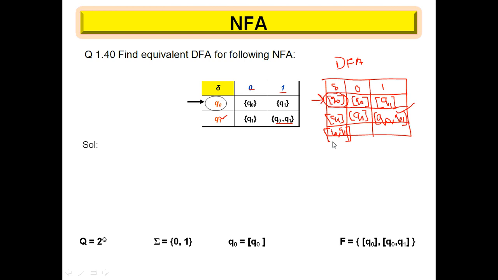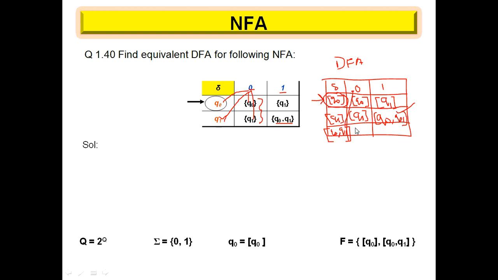Now let's understand how to write the transitions for Q0 Q1. Q0 Q1 is going to read 0. Q0 reading 0 gives Q0, and Q1 reading 0 gives Q1, and we take the union of these. Again, Q0 reads 0 and we get Q0 as output, Q1 reads 0 and we get Q1 as output, and we union these two states.